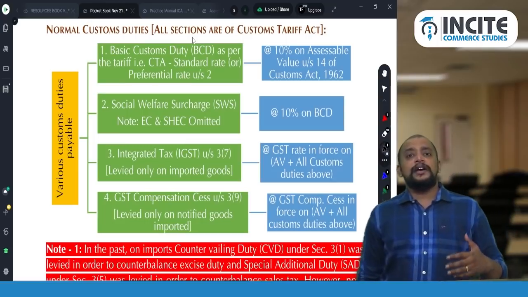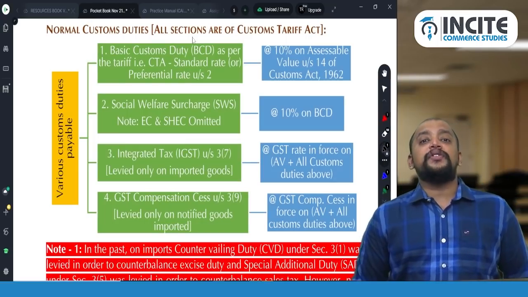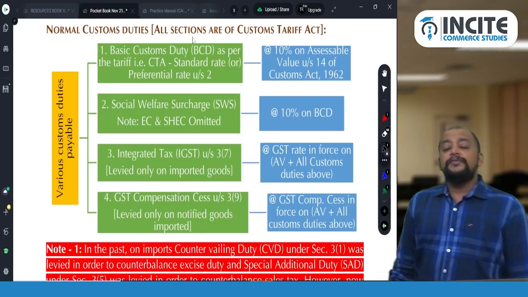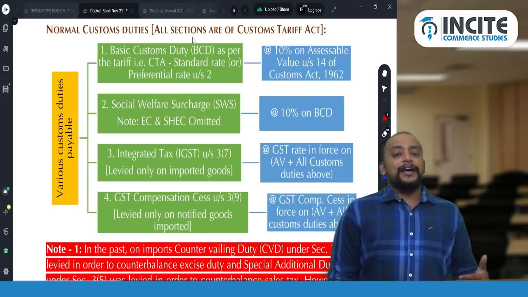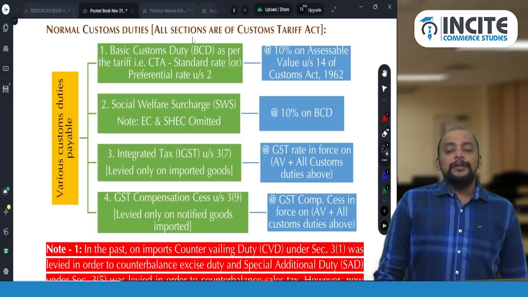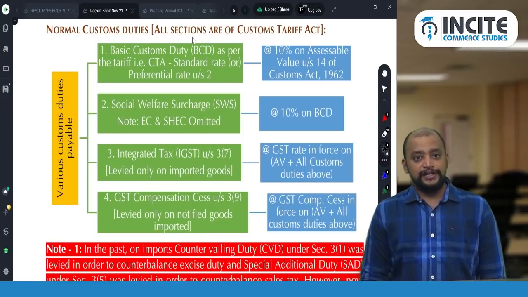Then the next thing is social welfare surcharge. Suppose the basic customs duty is exempted, whether social welfare surcharge is also exempted? Actually speaking, it should be, because social welfare surcharge is computed at the rate of 10% on the basic customs duty.